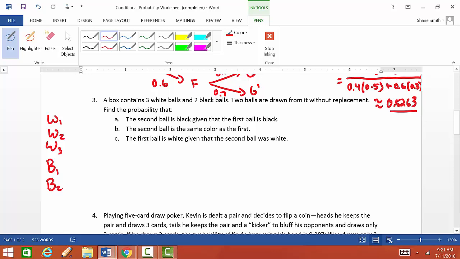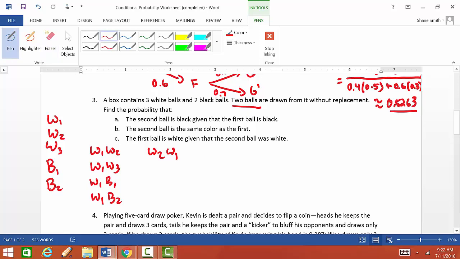So if we're drawing 2 balls, we can get the first white one, the second white one; the first white one, the third white one; the first white one, the first black one; the first white one, the second black one. And then we can start with the second white one: the second white one, the first white one. And these are not the same, just so you know that.